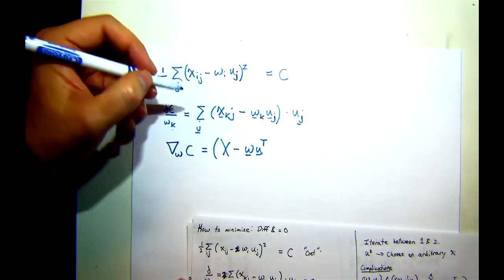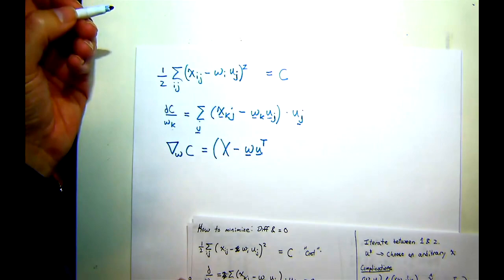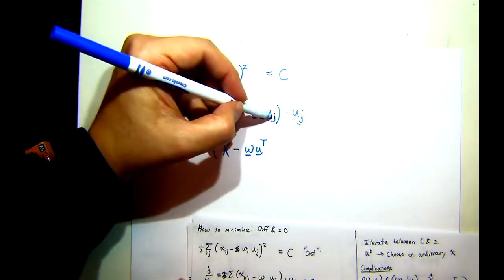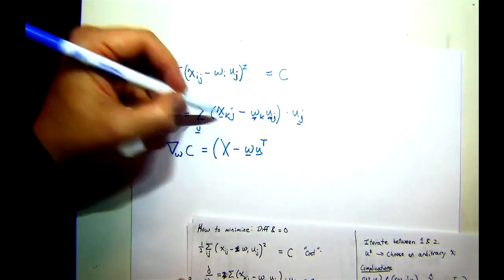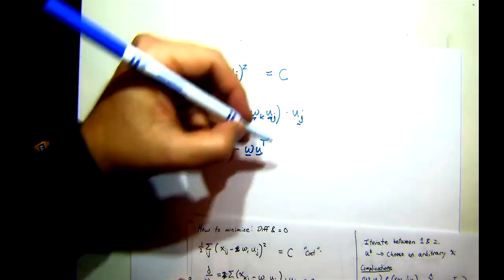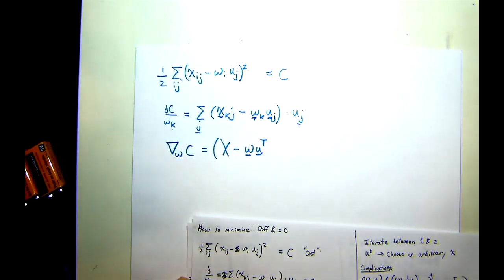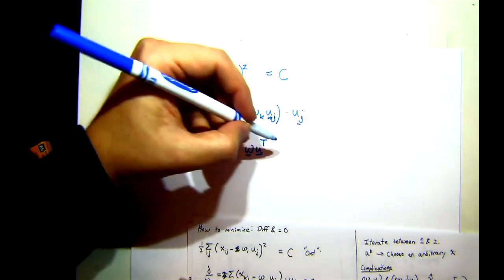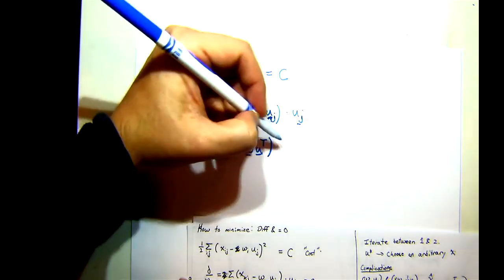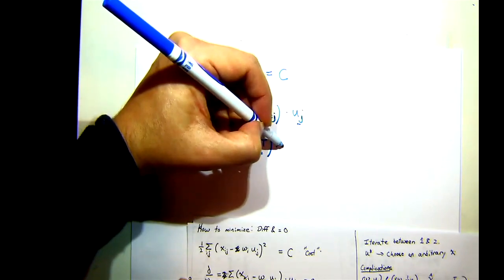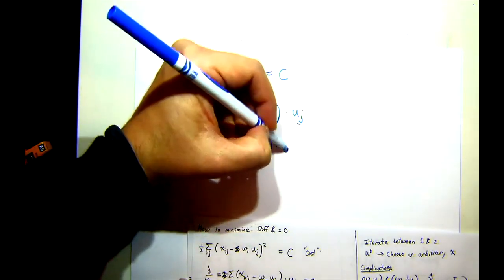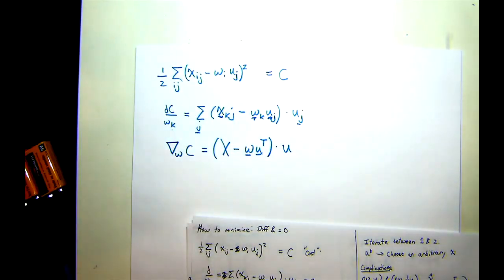Wait a second, these are not vectors. I apologize, this is a problem with switching back and forth on the way that we represent these things. And that should be times u.